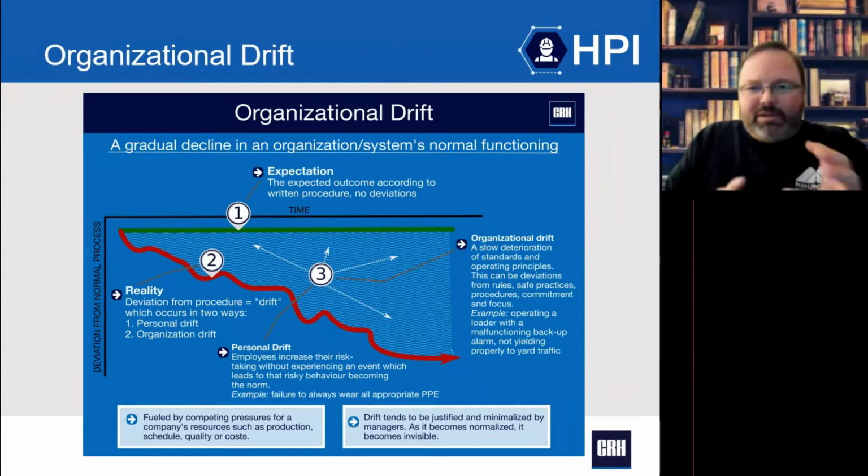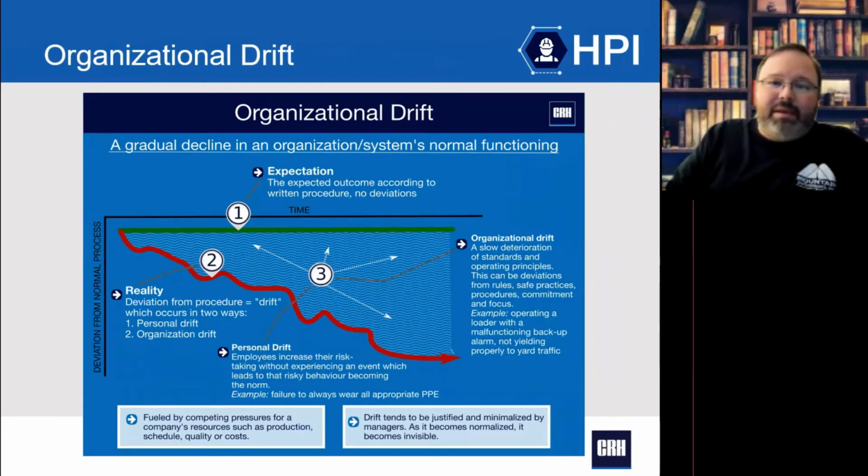So when you look at this, there's a lot going on. Organizational drift is a gradual decline in the organization or system's normal functioning. The green line, number one there, is the expected outcome according to the written procedure with no deviations. That's work as expected.